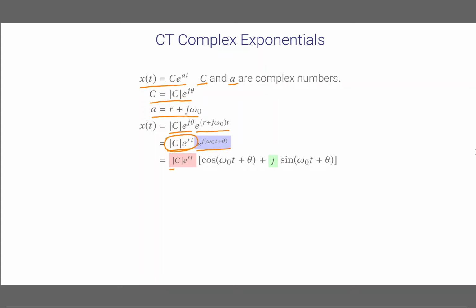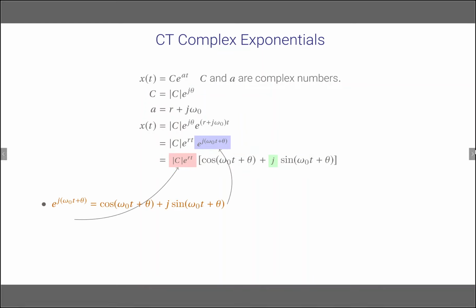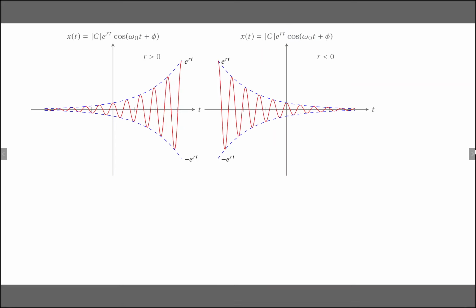So C e to the power of rt, and using Euler's relation we can write cos(omega naught t plus theta) plus j sin(omega naught t plus theta). So this contributes to the real part of the signal, and this contributes to the imaginary part of the signal. Here you can see how we have applied the Euler's relationship, and this part is real, and this j represents that it is 90 degrees out of phase.